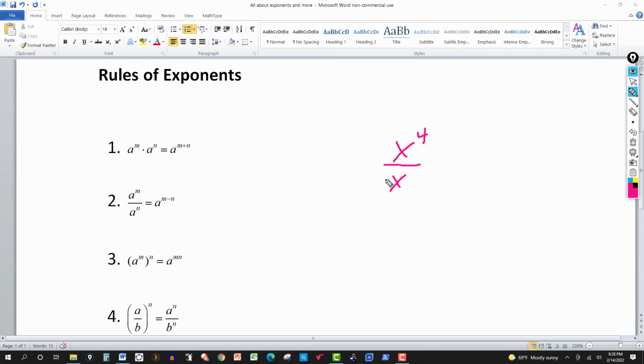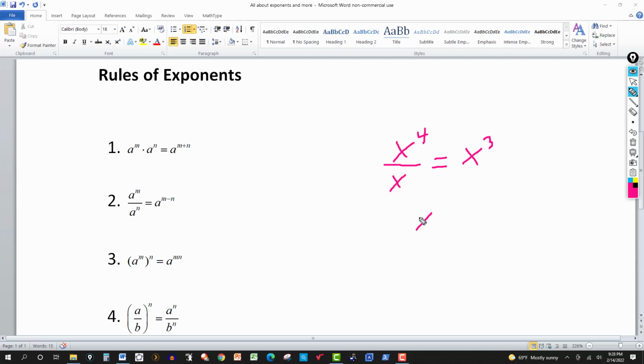The coefficient, if it doesn't appear, it's understood to be a 1. So when I have just x, that means coefficient is 1, the exponent is 1. So here I have 4 factors of x over 1 factor of x. Well, obviously you can cancel 1 factor from the numerator, 1 factor from the denominator. That leaves me with x to the 3rd then.